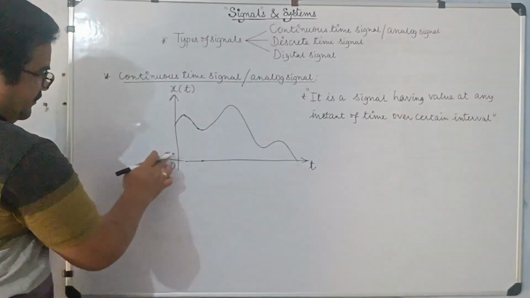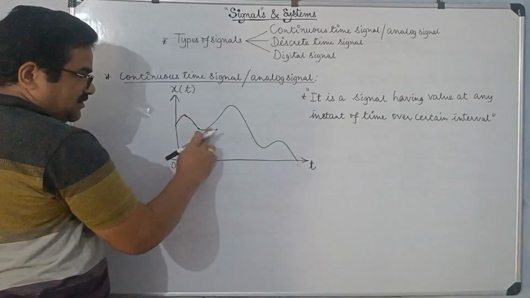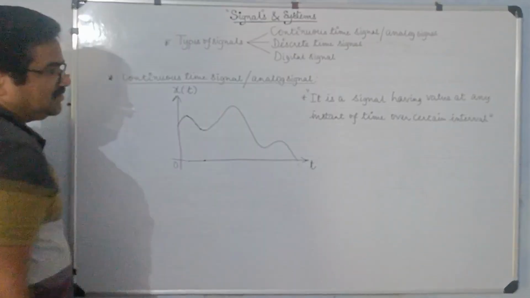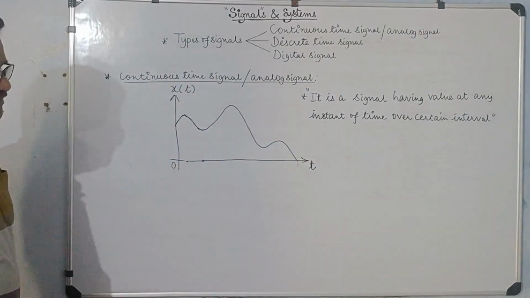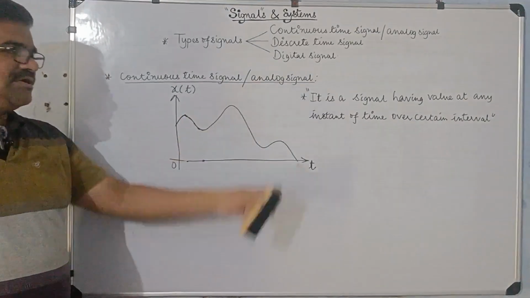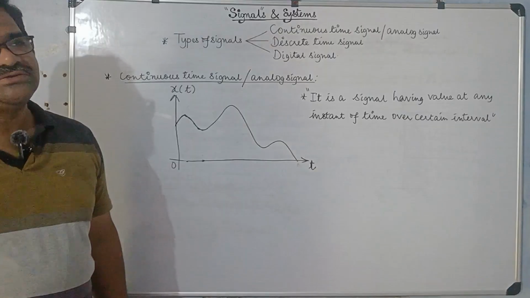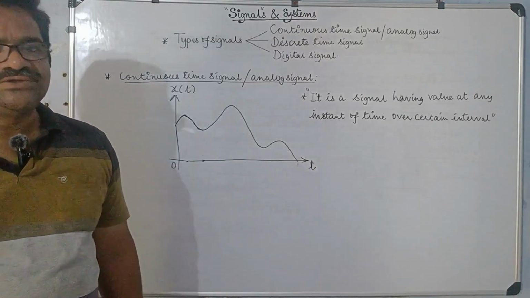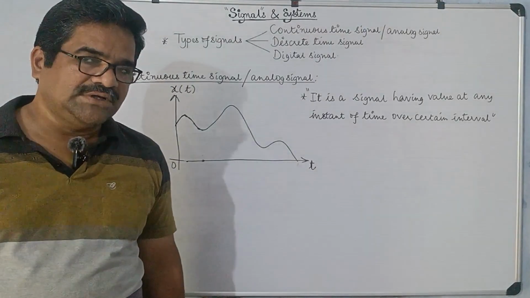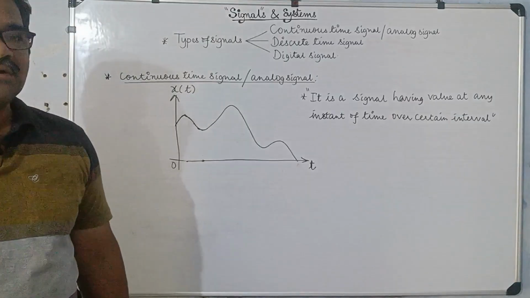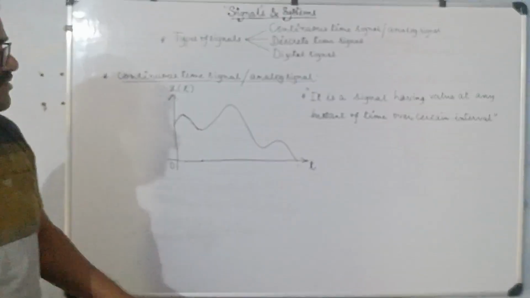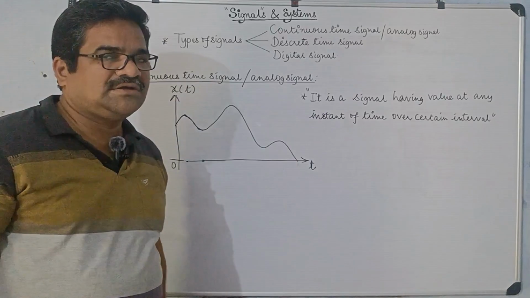So if you take this interval, it is continuous. At any instant of time, it has a certain value. So why do we call it an analog signal? The signal is varying with respect to, or in proportion to, or analogous to some physical phenomenon. That is why we also call it an analog signal.